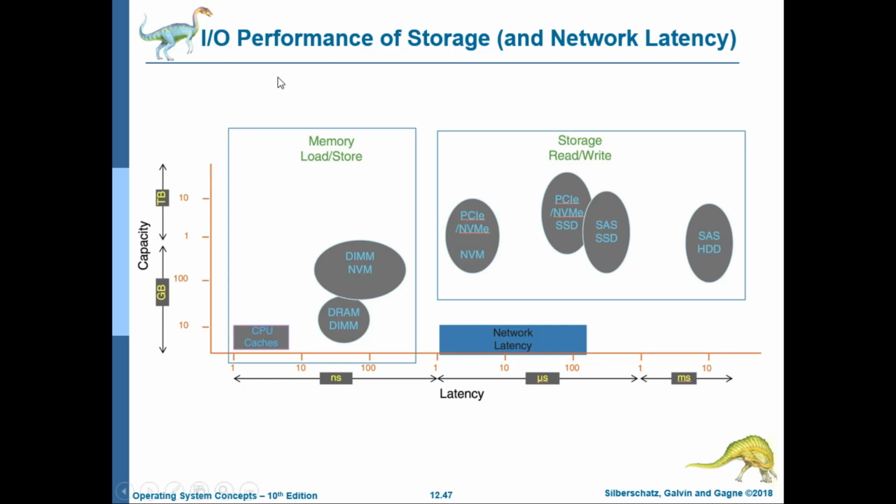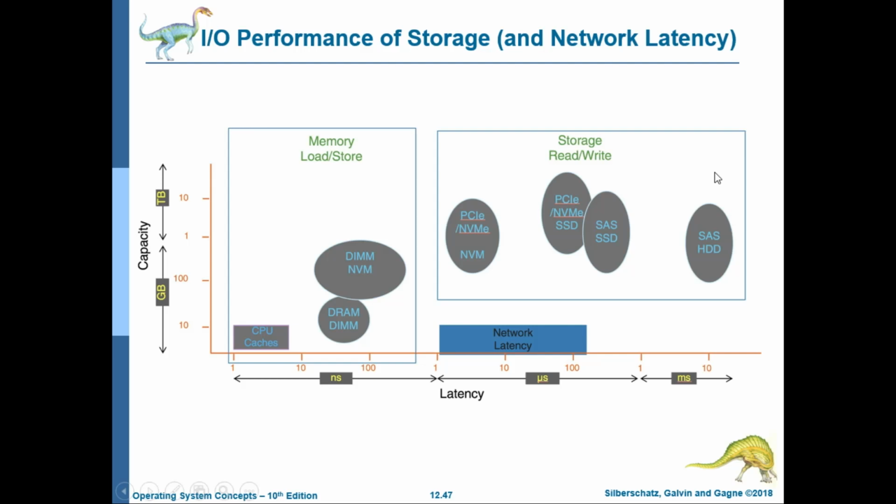For example, for memory, the operations are load and store. We have the CPU caches and the DRAM or the DIMM, and then we have the NVM. For storage, the operations are read and write, and we have the PCIe, the NVMe or the NVM for SSD. This is the illustration here.